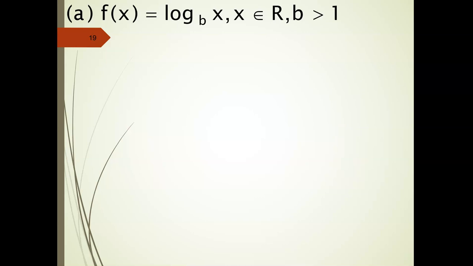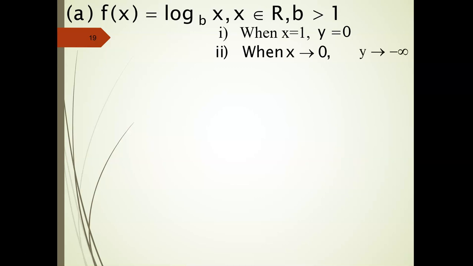When x equals 1, then your y will be equal to 0. When x approaches 0, then your y will be approaching negative infinity.